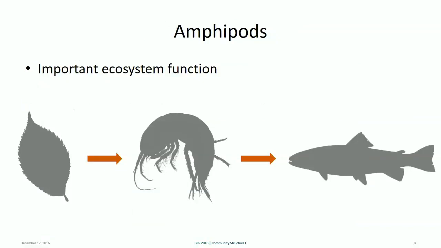And we are using amphipods as a model system to study the influence of the network structure on native and non-native communities. And amphipods are very common in these ecosystems within Europe, and they represent an important ecosystem function as being a bridging part between leaf litter and hydrotrophic organisms.